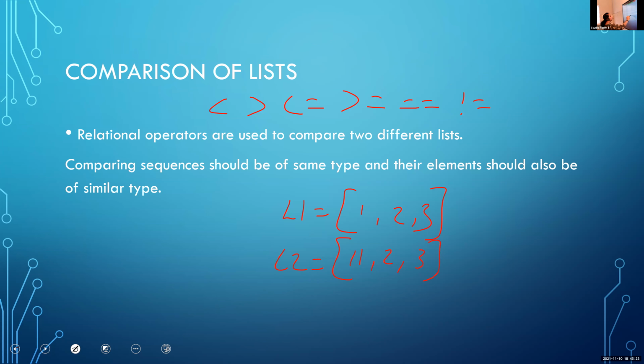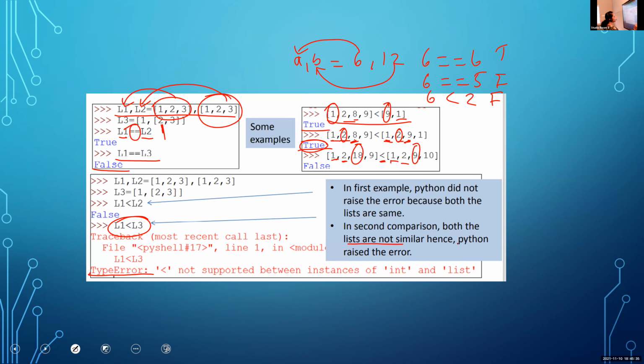Here in the second comparison, both lists are not similar, because in L3 we are using a nested list and L1 is a normal list. So it is not similar, and that's why it will raise an error. L1 includes 3 elements, 1, 2, 3. But in L3 only 2 elements are there, and the second element is also a nested list. That's why we can't compare this type of list. So it is a TypeError.